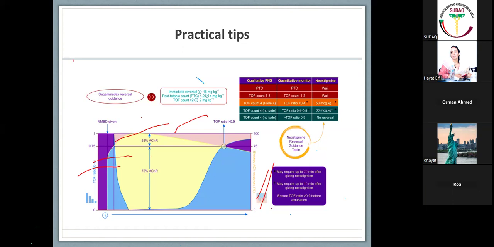And if the train of 4 count is more than 2, then 2 mg per kg is enough. The post-tetanic count is used for a deep block, so when we assess the post-tetanic count, that means the block is still deep. But generally, a train of 4 of more than 0.4 will be your target.